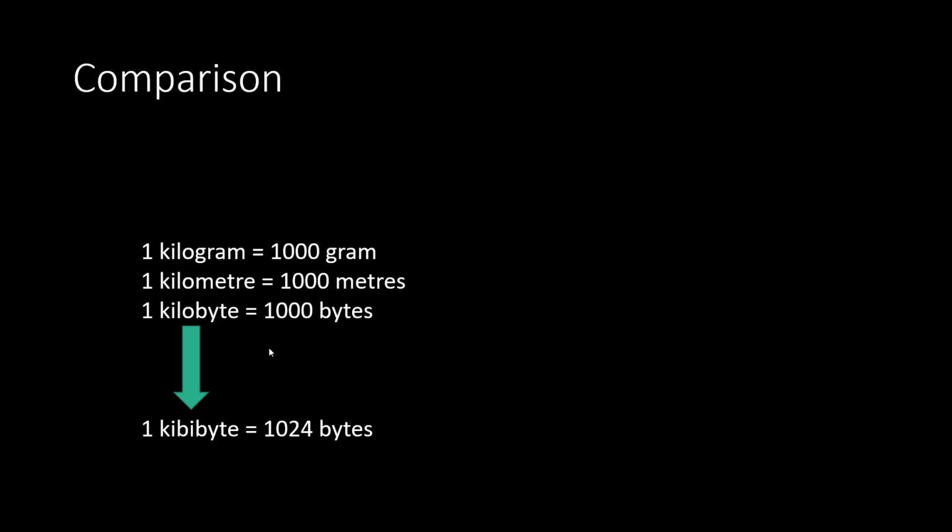So later on, in a meeting of an ISI unit, people decided to use a new unit called kibibyte for computing only, which has a rate of 1024, to distinguish between kilo and kibi.